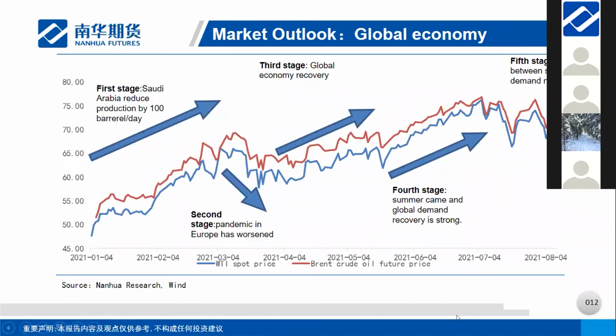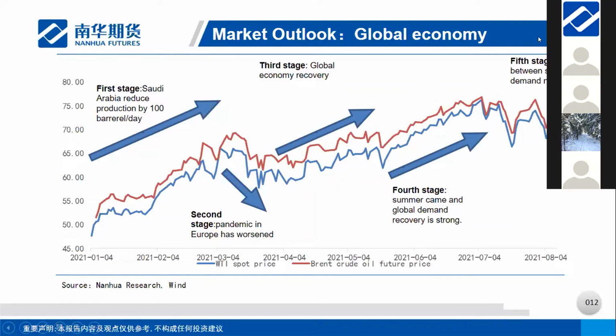So in this stage, WTI rose from about $62 to $74 per barrel, and Brent rose from $65 to $75 per barrel.